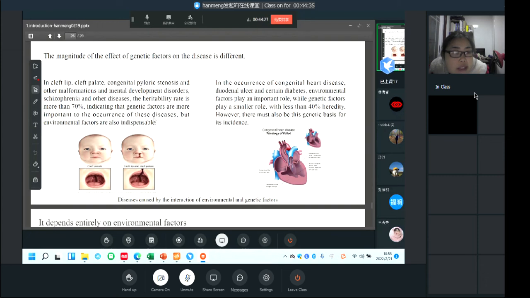For example, in the cleft lip, the cleft palate, and mental developmental disorders, the heritability rate is more than 70%, indicating that genetic factors are more important to the occurrence of this disease, but the environmental factors are also indispensable.